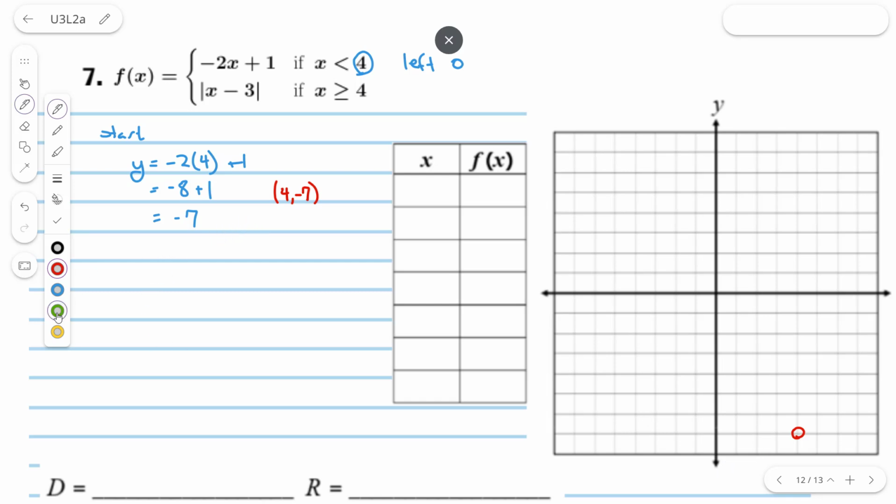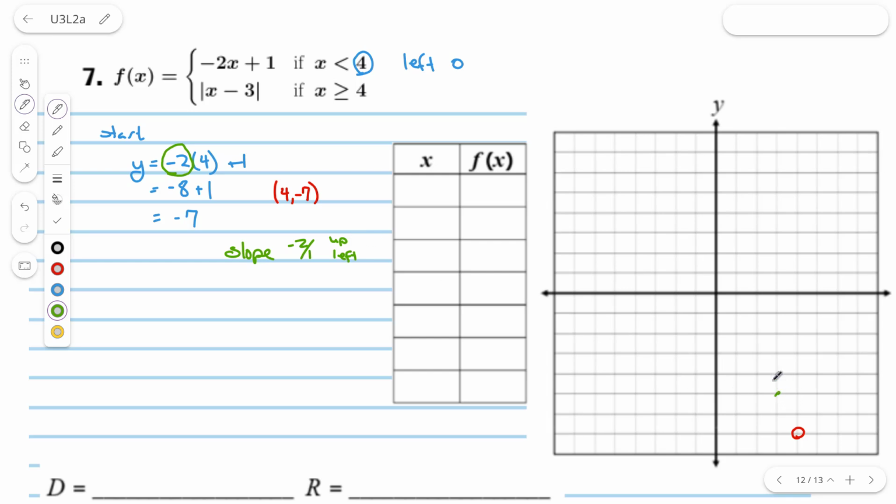And so next I need to identify my slope. My slope is what's being multiplied times my x. So my slope is -2 over 1. And since I need to go left, that means that for it to be negative, it needs to go up and left.